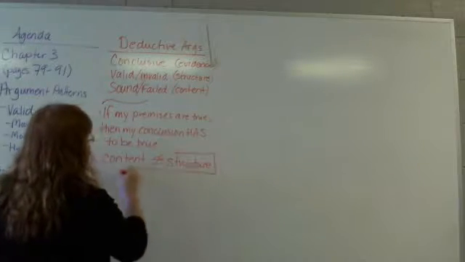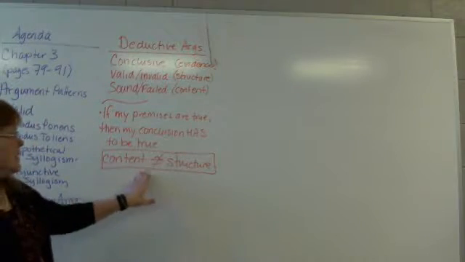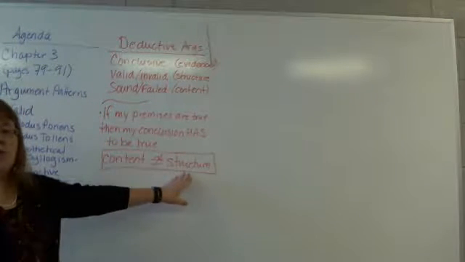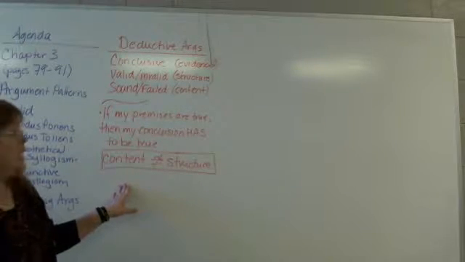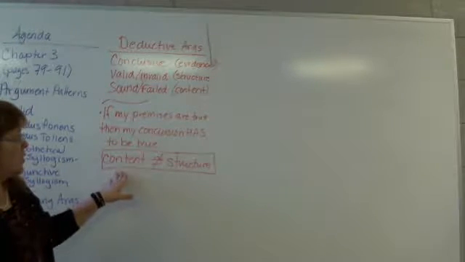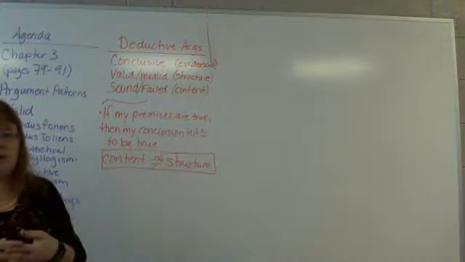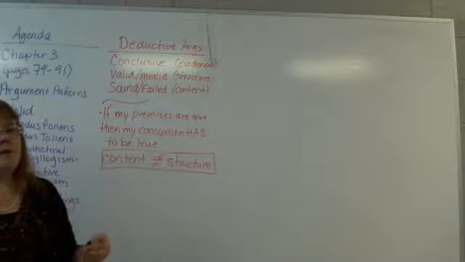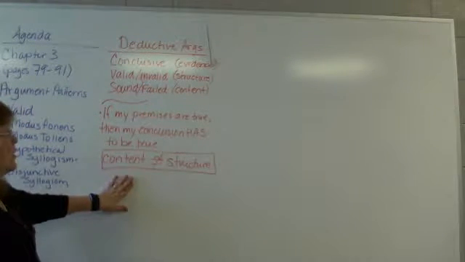Now, they are definitely intimately related. We use the content to figure out the structure. We use the structure to see if we should buy the content. But for all of our purposes, they are not the same thing. They help each other out, they're intermingled with each other, but they're not the same thing, okay? So those are our two big pieces for deductive arguments.